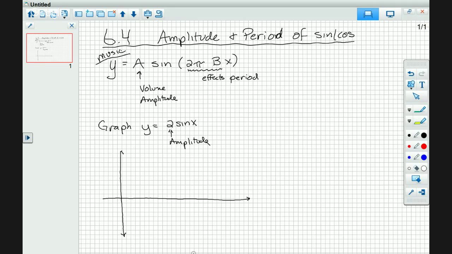What was the standard amplitude for sine and cosine? Yeah, 1. So we would go from 1 to -1, but now it's 2. So all we're going to do is stretch it up to 2 and down to -2. Still the same period.